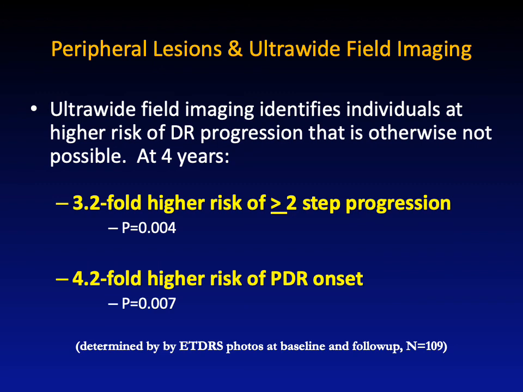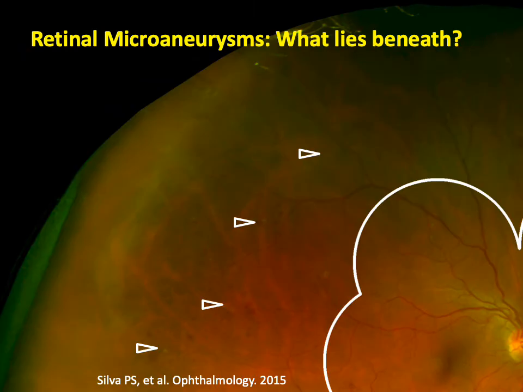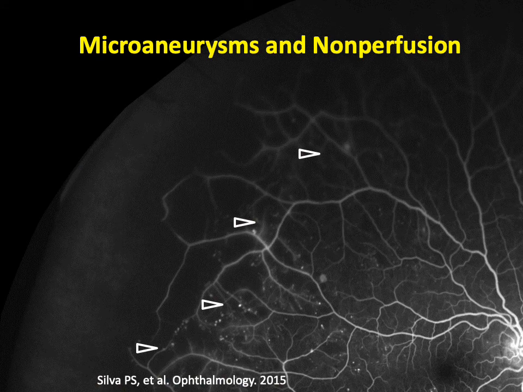Now, this was even after they corrected for baseline diabetic retinopathy severity, A1C, and duration of diabetes. So they wanted to see why eyes with predominantly peripheral lesions were more likely to progress. Clues were provided by fluorescein angiography, which showed that eyes with predominantly peripheral lesions had extensive peripheral non-perfusion, significantly more than eyes without these lesions.